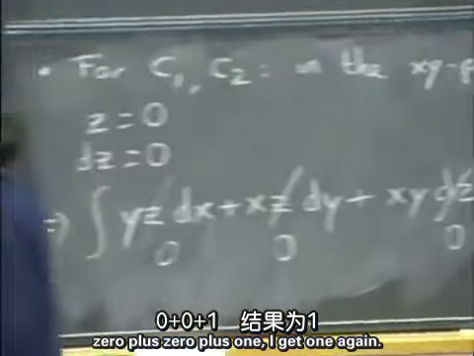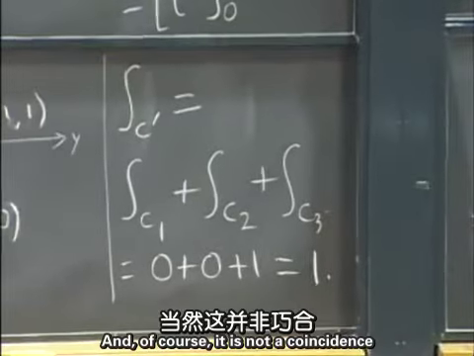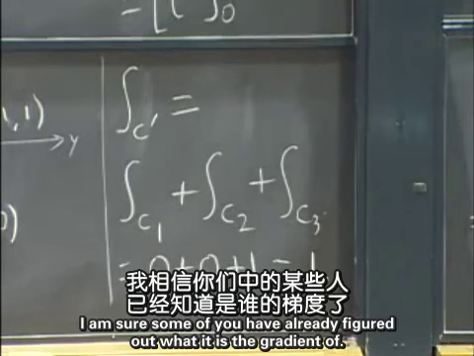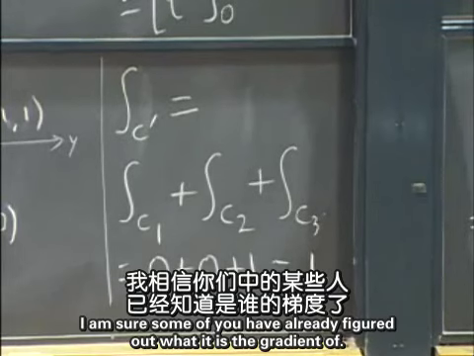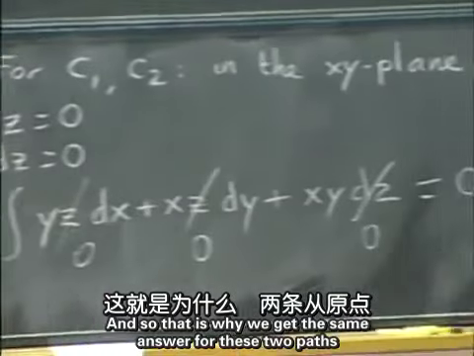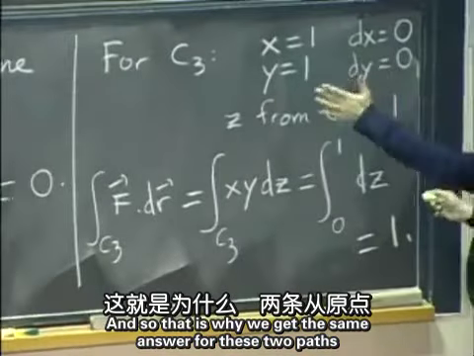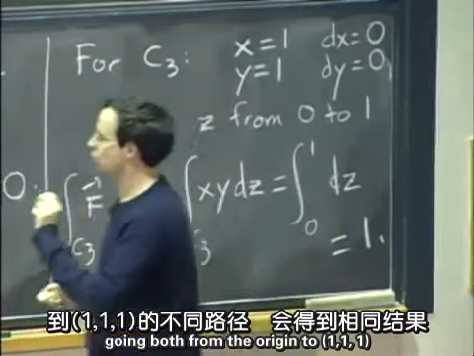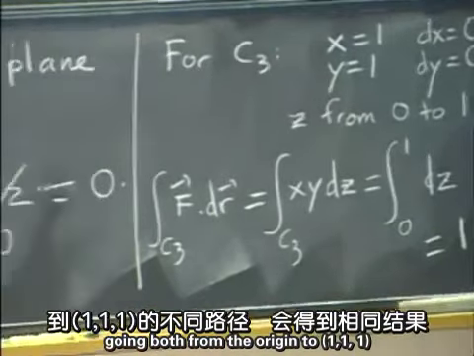I get 1 again. And of course, it's not a coincidence, because this vector field actually is a gradient field. I'm sure some of you have already figured out what it's the gradient of. Otherwise, we'll figure it out together. And so that's why we get the same answer for these two paths going both from the origin to 1, 1, 1.